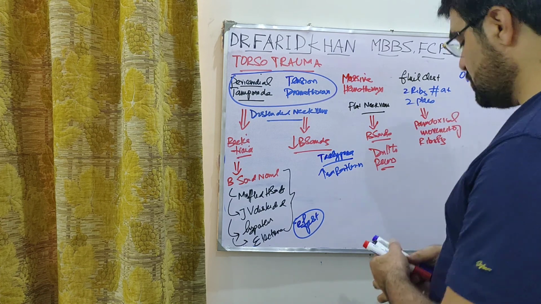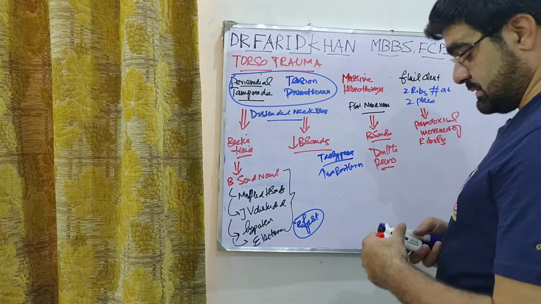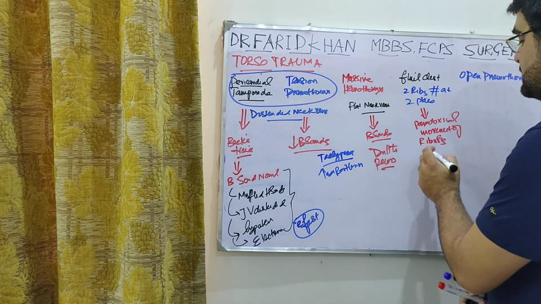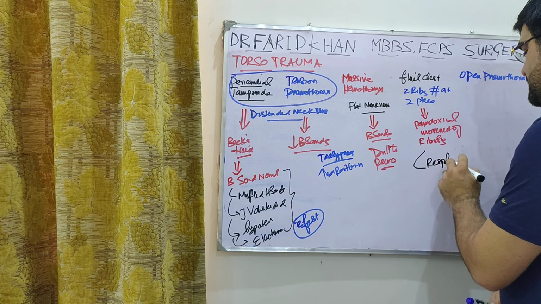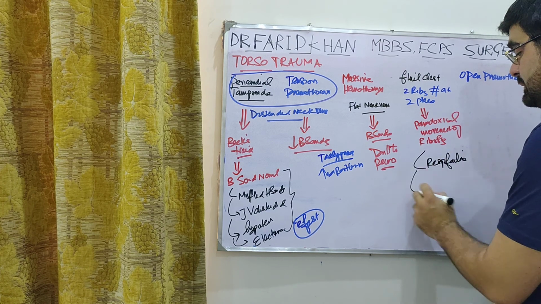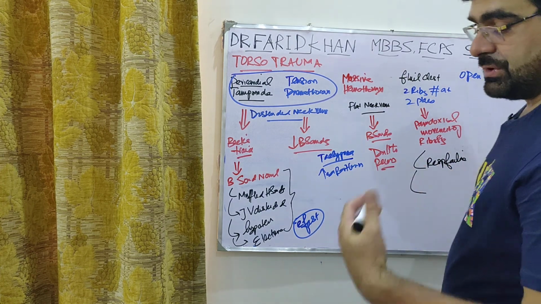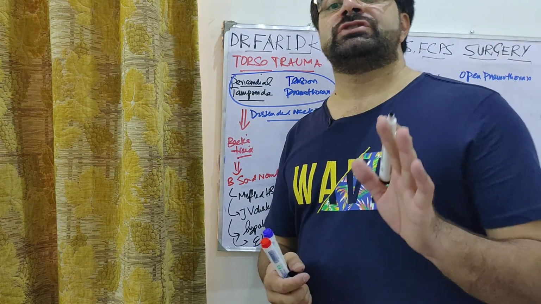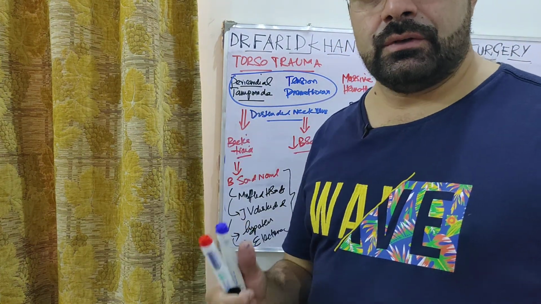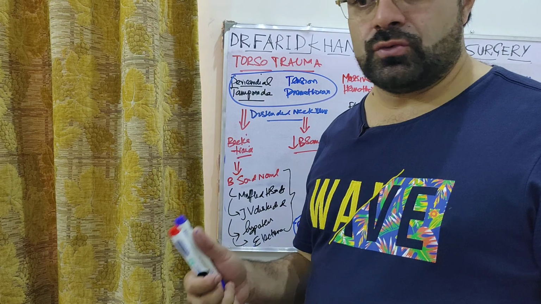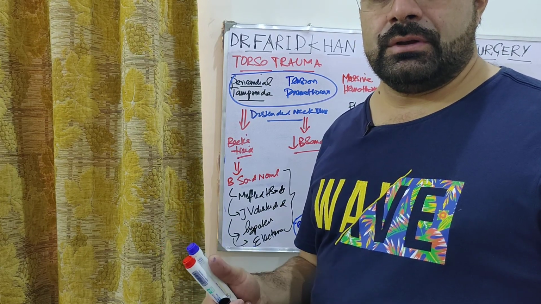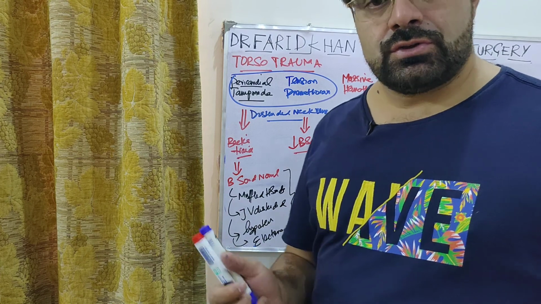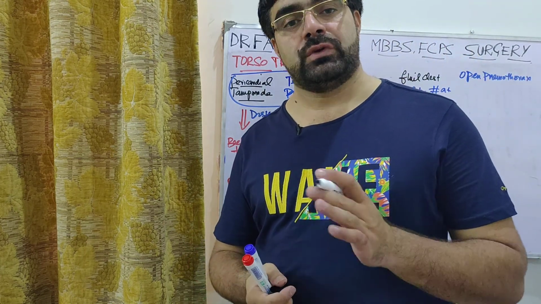In flail chest, the most important thing which must be considered is whether there is respiratory failure. Type 2 respiratory failure happens due to retention of carbon dioxide. You have to look for it, and if there is type 2 respiratory failure in flail chest, you have to put the patient on a ventilator.